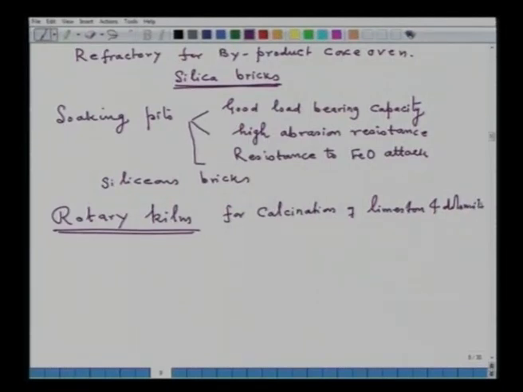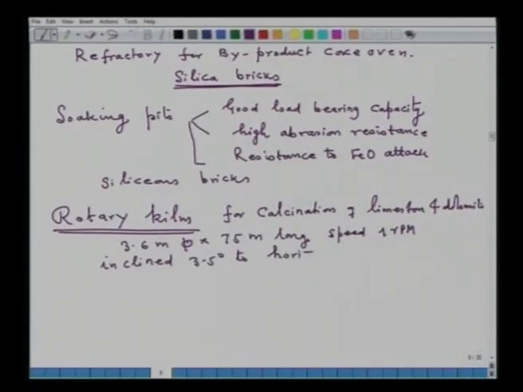Typically in the cement industry, these rotary kilns are 3.6 meter in diameter and 75 meter long, and they rotate at a speed of 1 revolution per minute and are inclined 3.5 degrees to horizontal. So, it's a huge structure.